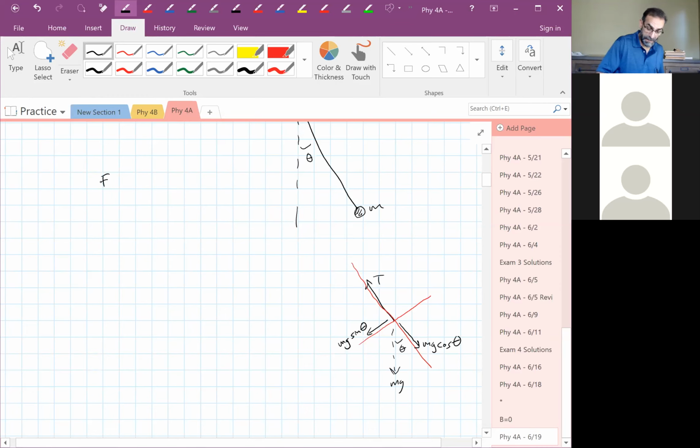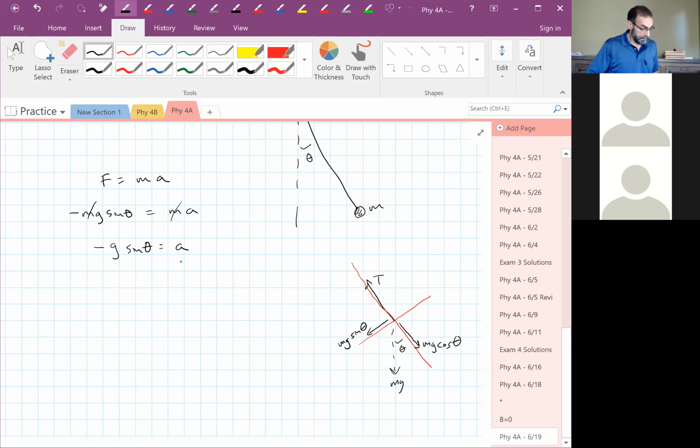Now we say sum of the forces equals ma. What's the force causing this thing to go back into its equilibrium position? It's the force of gravity, right? mg sin theta. Now we make a small angle approximation.